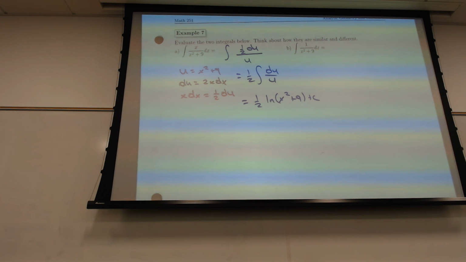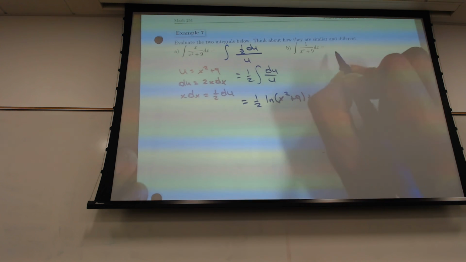X squared plus 9 will always be positive, so it would be redundant to have the absolute value bars. That's a quick comment I wanted to make, because my MATLAB might be a little bit picky on the notation. For example, if instead we obtain x plus 9, well, x plus 9 can output a negative number. So in that case, we really need those absolute value bars, but not in this case.